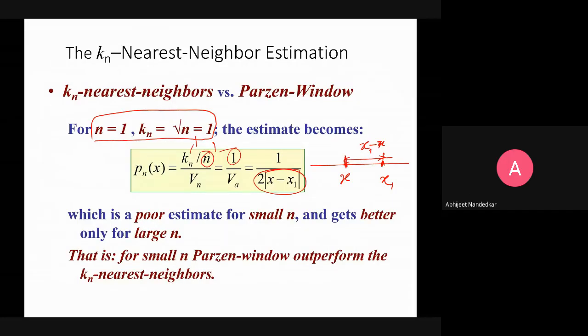What happens is you need to fix a volume of this much length around x, because the right hand side length and left hand side length are the same. So this point will be x minus x1, and this distance is twice of that. Okay, so let me clear it.